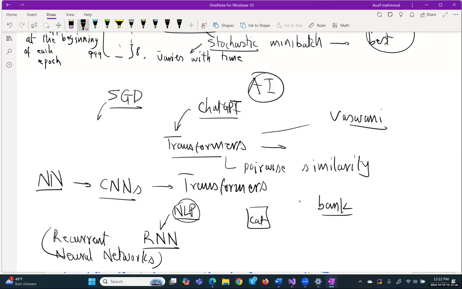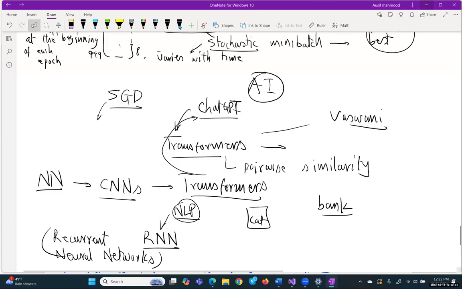There was some success, but then it still did not work very impressively. Until transformers came, which is even a more simpler concept, and all of a sudden that led to ChatGPT, right? Okay, but like I said, all of these are based on very simple concepts.